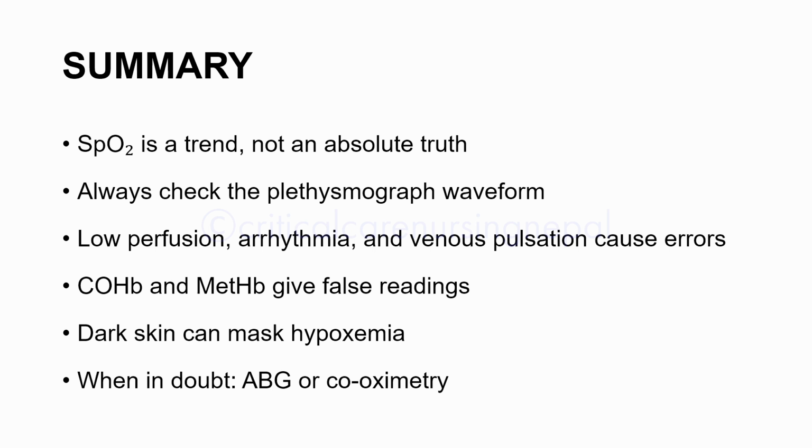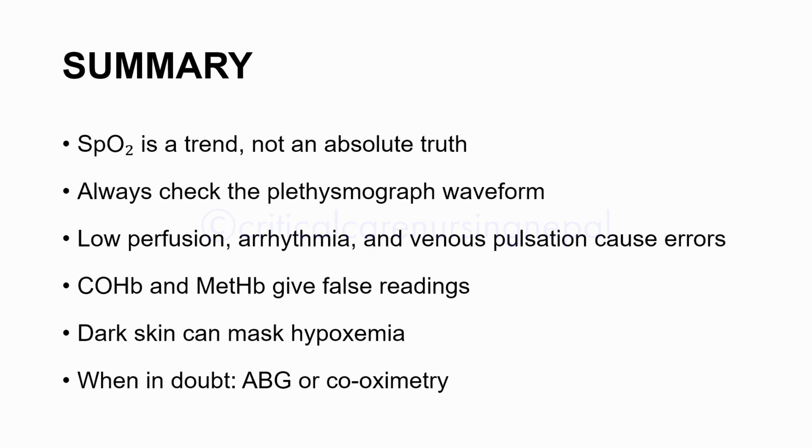Now let's summarize for practice. SpO2 is a continuous trend. Do not treat a single number, treat the trend and treat the patient. Always check the plethysmograph waveform, and low perfusion, arrhythmia or venous pulsations can cause error. Keep that in mind.